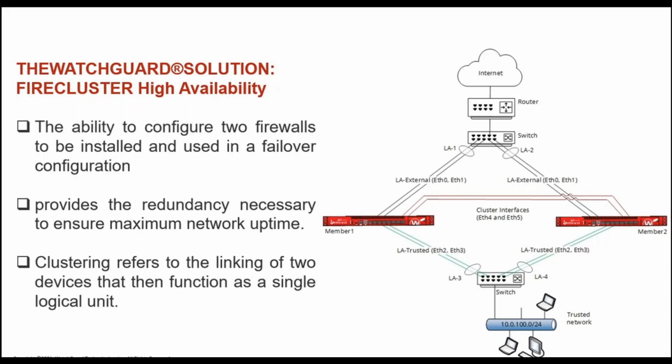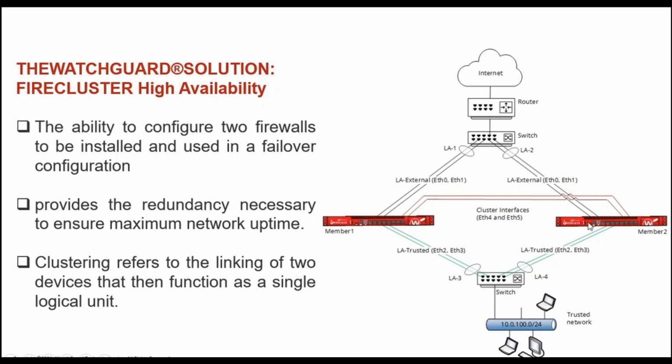Redundancy provides the redundancy necessary to ensure maximum network uptime, and clustering refers to linking these two devices so they function as a single logical unit. You're going to think about it that way. As you can see, this is just an example. Definitely, you can have everything in a redundant configuration, but mainly here you have your router going to a switch.